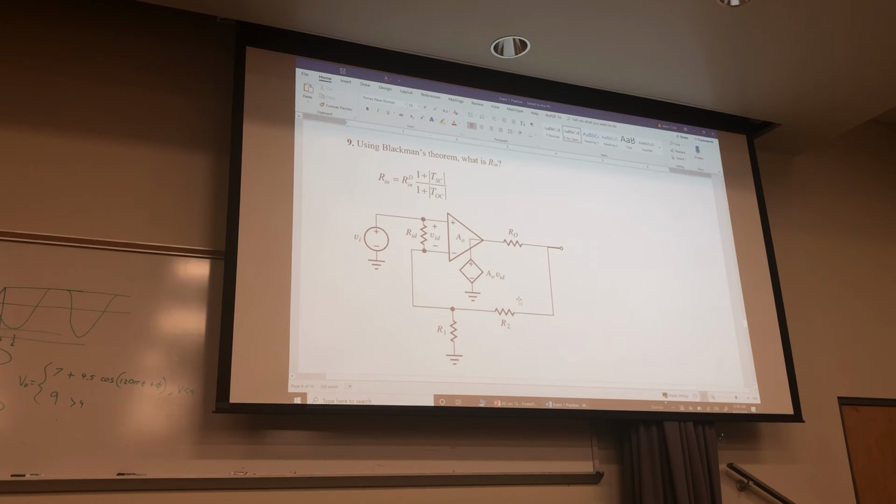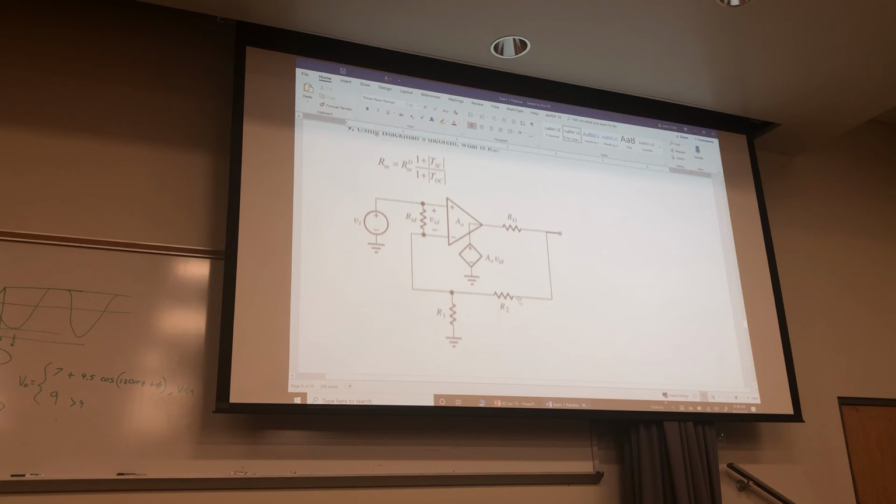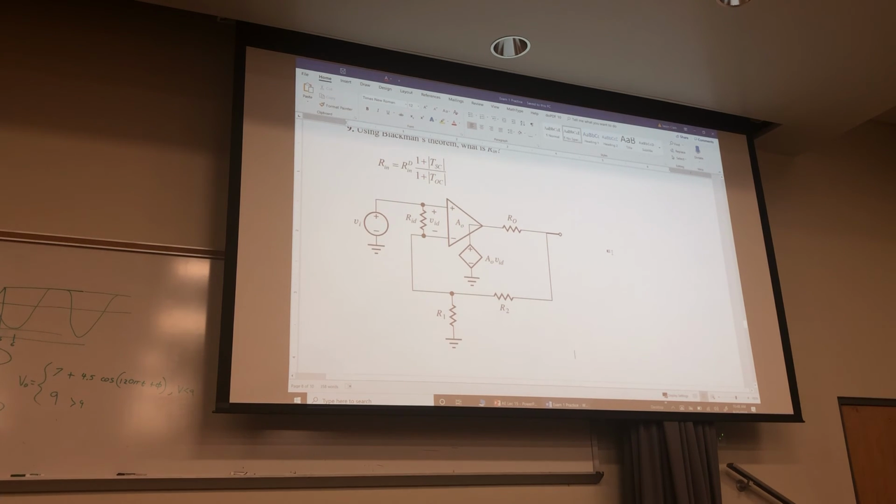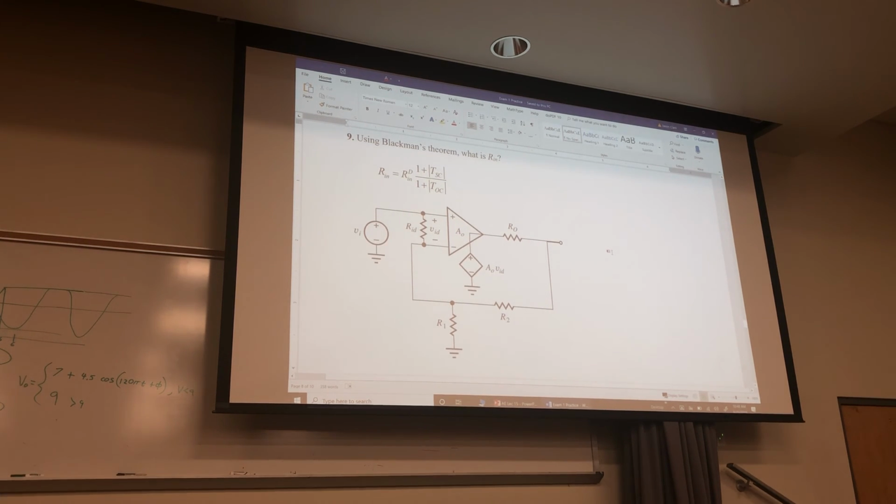If we did have a Blackman's theorem problem, would you guys be okay with that type of problem? Are you guys comfortable with Blackman's theorem? Yeah. Wait, do you mean like the input or the output one?